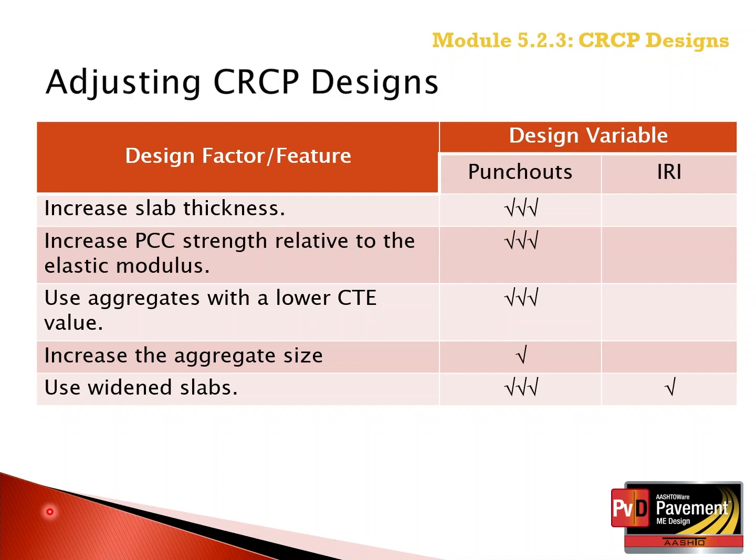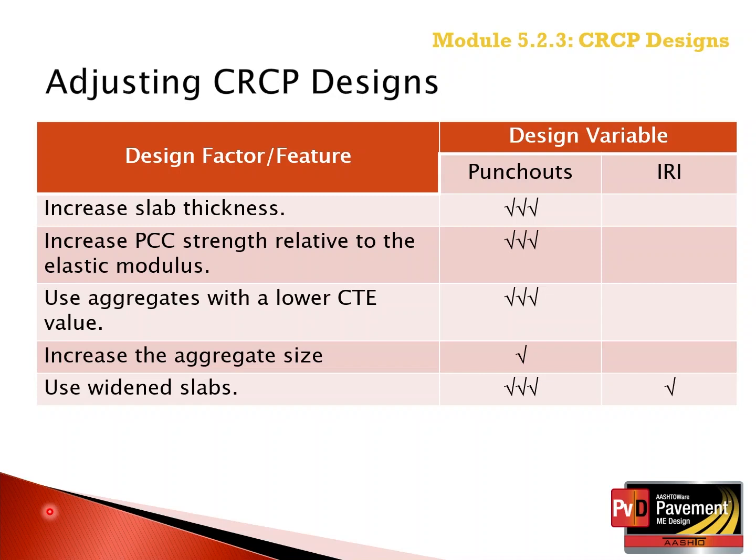Two check marks suggest the design property has a significant impact on the predicted distress. One check mark suggests the design factor or property has a minor impact on the predicted distress. No check mark suggests the design property has relatively no impact on the predicted distress, or its impact is on one of the other distresses.